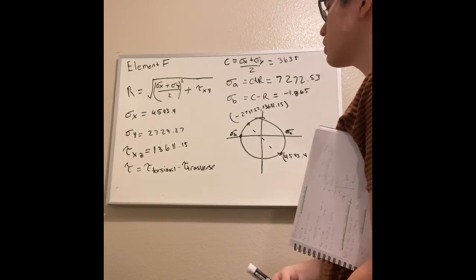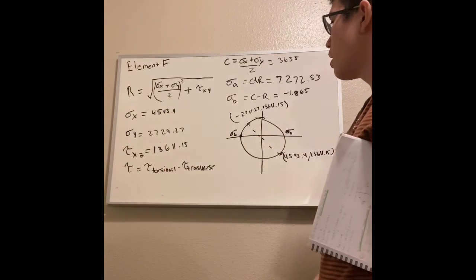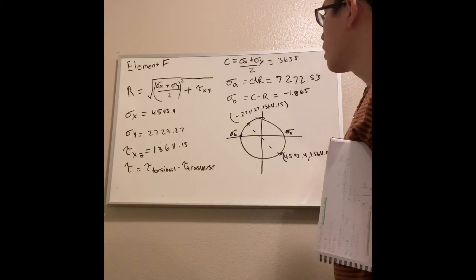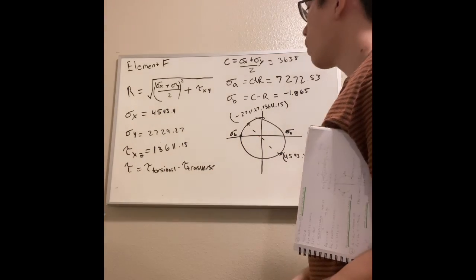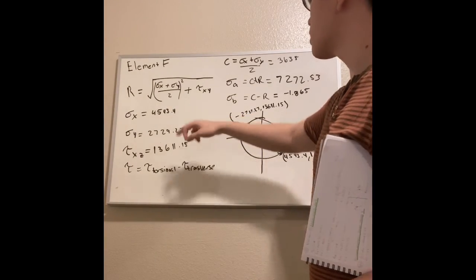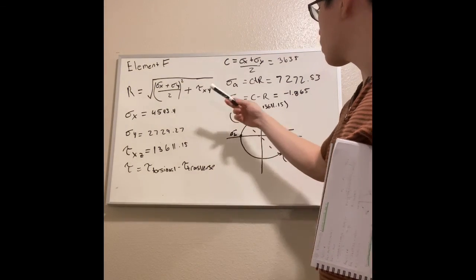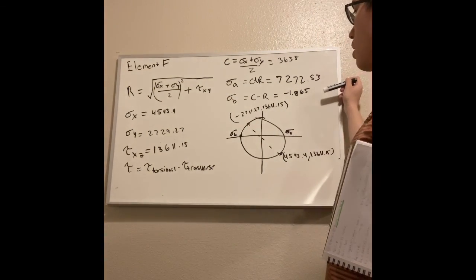And so we take that into account when calculating our shear, and that's why it's a little lower. We also have stress in the Y, and our stress in the X is the same. So we use all that to calculate the radius for Mohr's circle, and then the principal stresses.